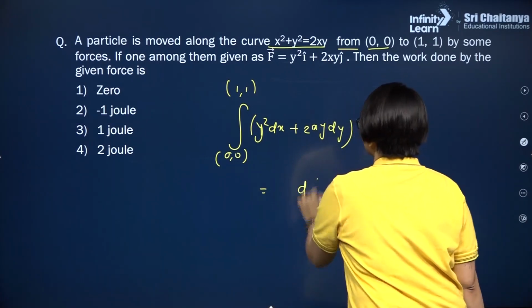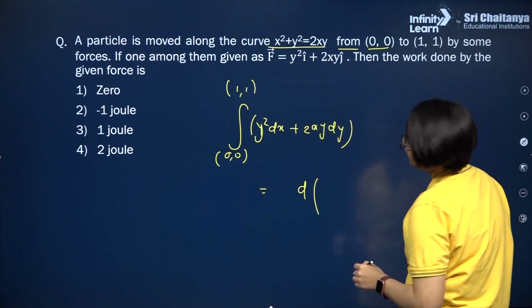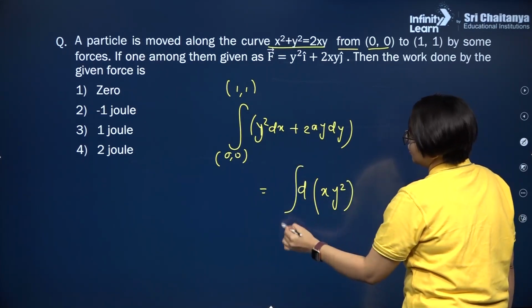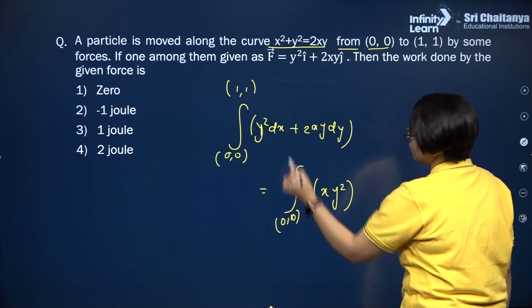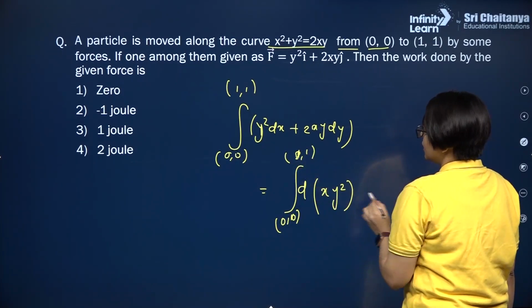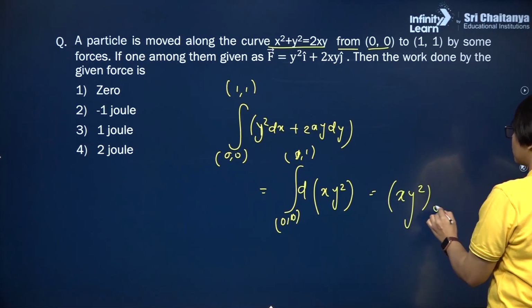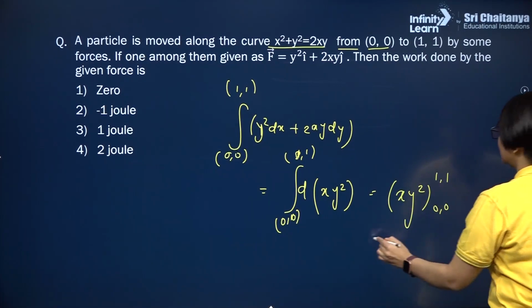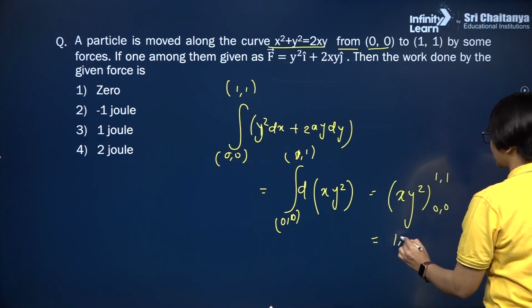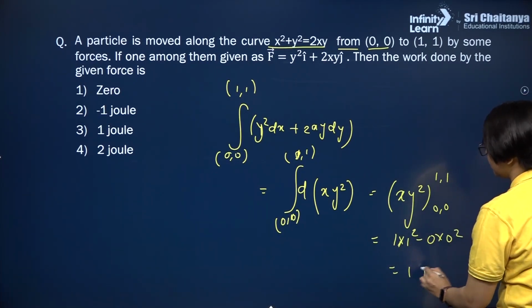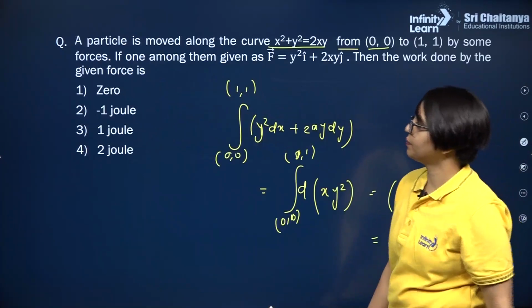So this is nothing but what? This is the differentiation of x y square, right, from 0, 0 to 1, 1. So the integration will be x y square from 0, 0 to 1, 1. So this will be 1 into 1 square minus 0 into 0 square. So work done will be 1 joule, which is option 3.